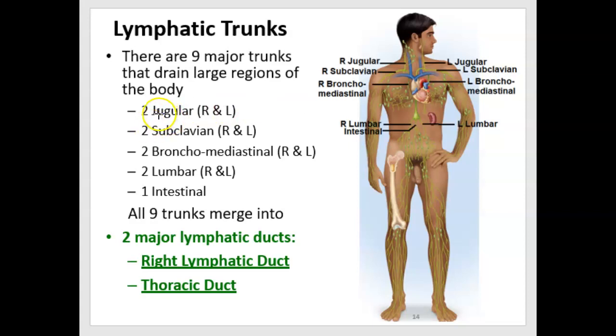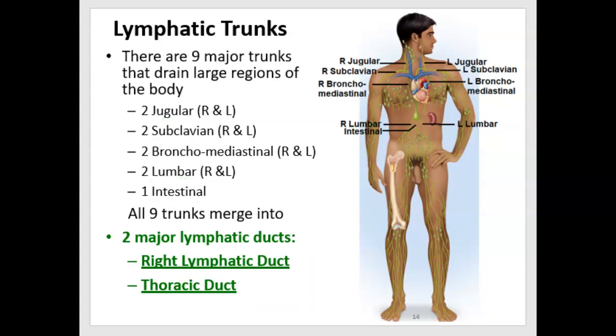So there are paired jugular trunks, paired subclavian trunks, paired bronchomediastinal trunks, paired lumbar trunks, and then a single intestinal lymphatic trunk. All of these are eventually going to merge in a superior region where they drain into ducts. And there's 2 major lymphatic ducts.